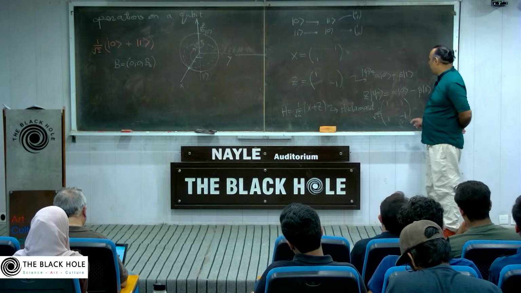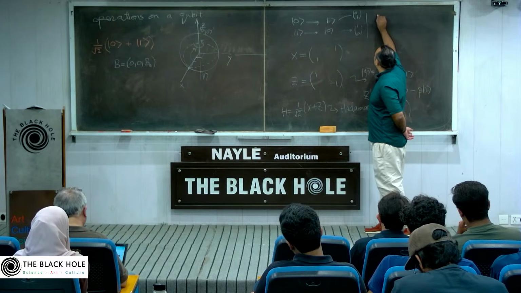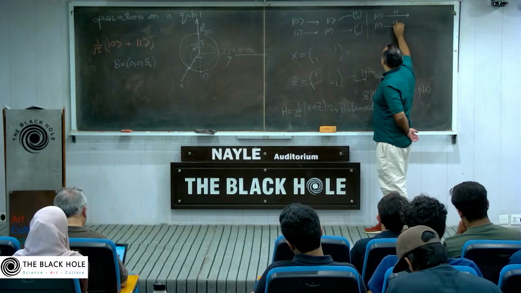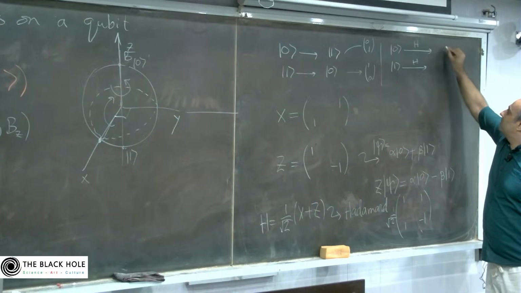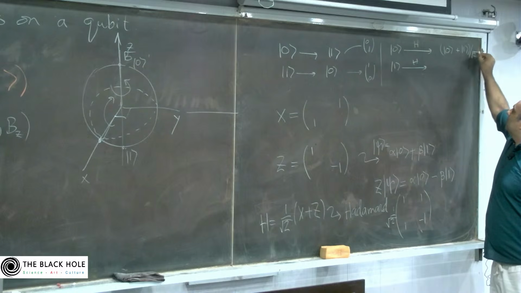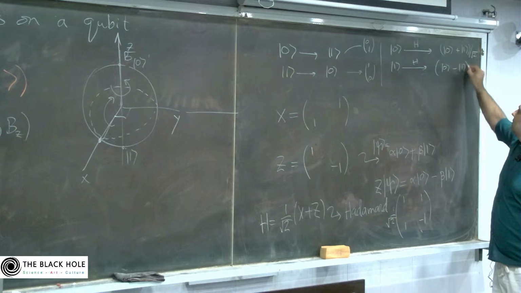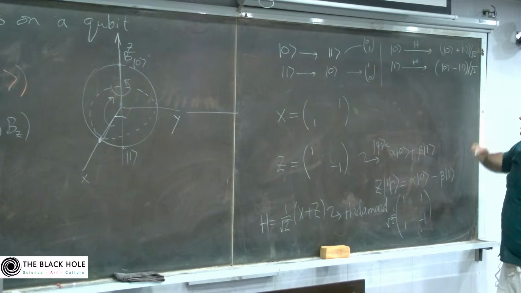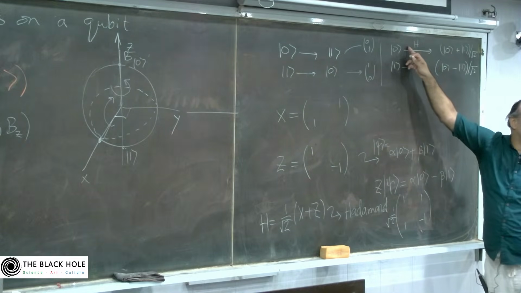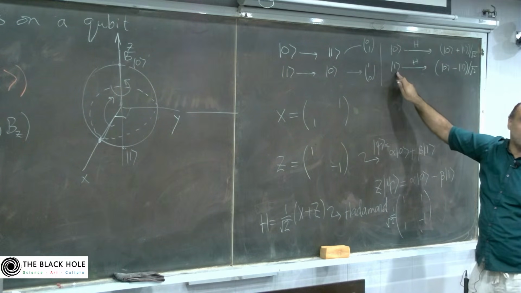If you operate this on 0, this will become 0 plus 1, I guess. Let me check that later. And this will become 0 minus 1. And if you operate H again, it will reverse its previous operation, and you'll again get 0 or 1.